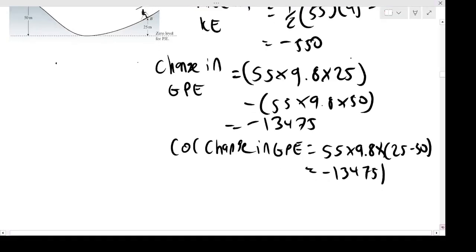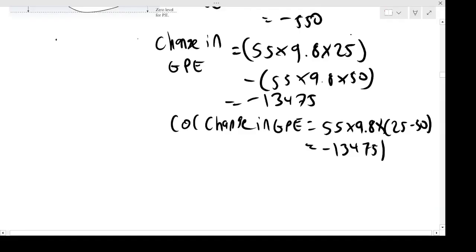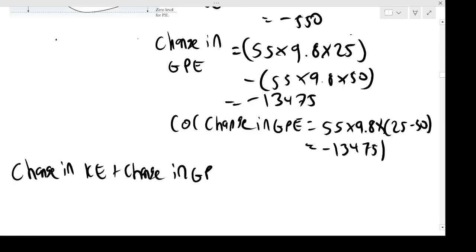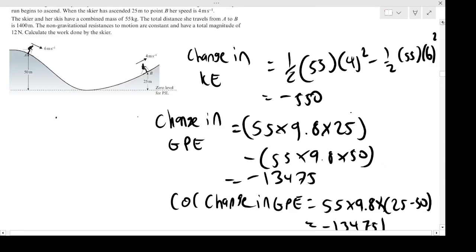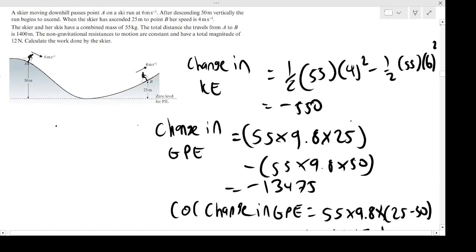Now, if we then consider the work energy principle, the change in kinetic energy plus the change in GPE is going to equal the overall work. Hopefully you're with me up to here. All I've done up to now is just calculate the changes in the kinetic and the gravitational energy, with the speeds and the heights given.